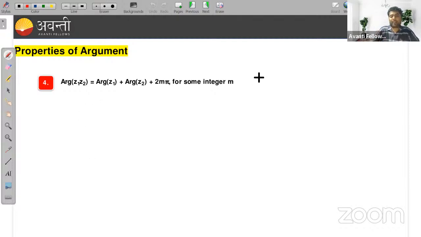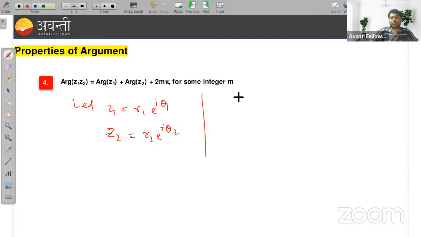Let my Z1 be R1 into e to the power i theta 1, and Z2 be R2 into e to the power i theta 2. I'm taking these complex numbers in Euler's form.